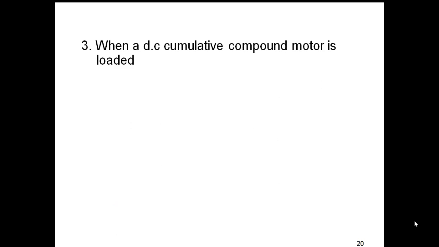Now let us see the third one. When a DC cumulative compound motor is loaded, then option A is torque increases and speed decreases.